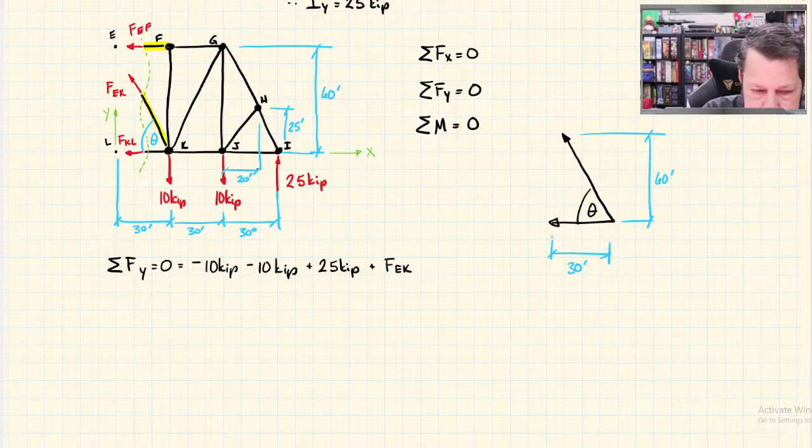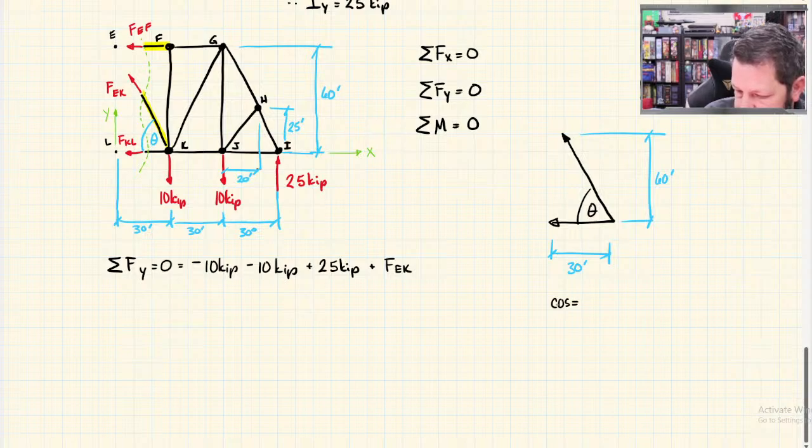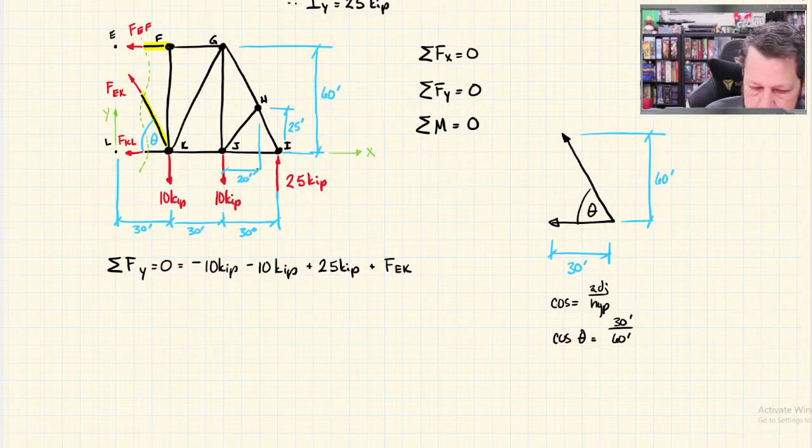So that's cosine, right? Cosine equals adjacent side over the hypotenuse. So cosine of theta equals the adjacent side 30 feet over the hypotenuse 60 feet. Oh no, the 60 feet is actually the opposite side. Don't do what I do there. So that's actually a tangent.